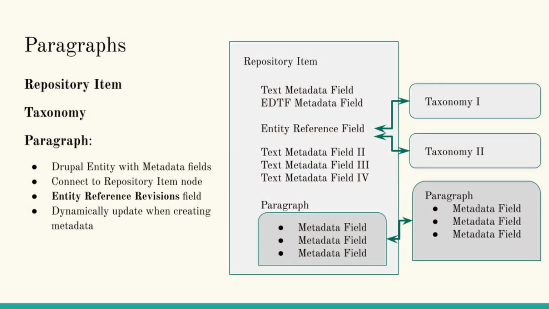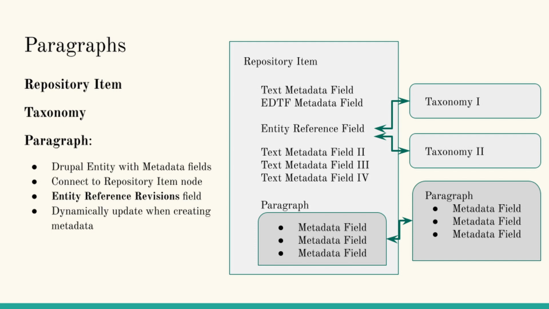And then there's a concept that's not a part of the starter site, but which we at Discovery Garden work with, and some other institutions are doing some work with it or have been exploring it, and that's paragraphs. Paragraphs are similar to taxonomies in that they're another type of entity within Drupal, and they can also have metadata fields.